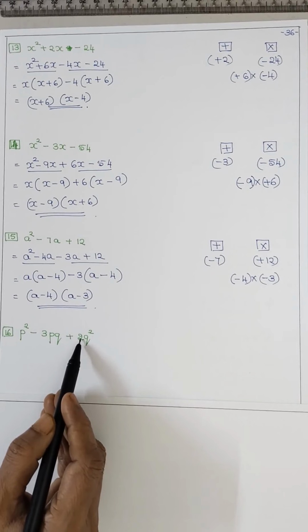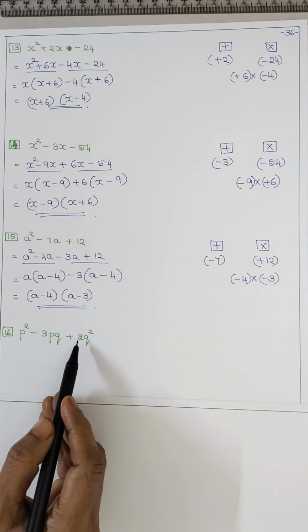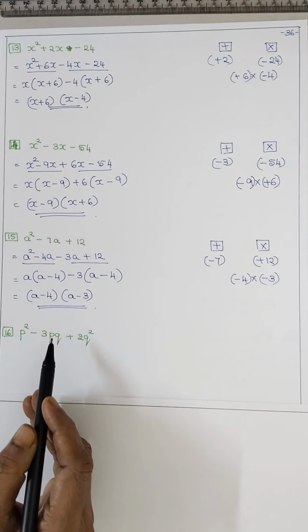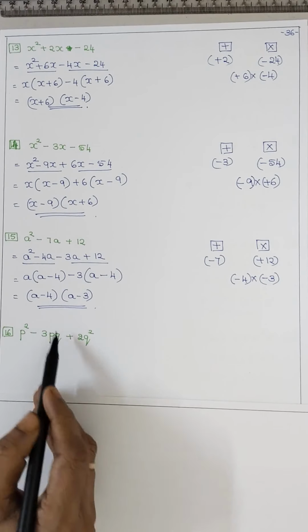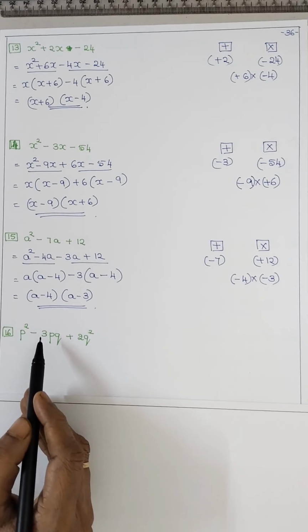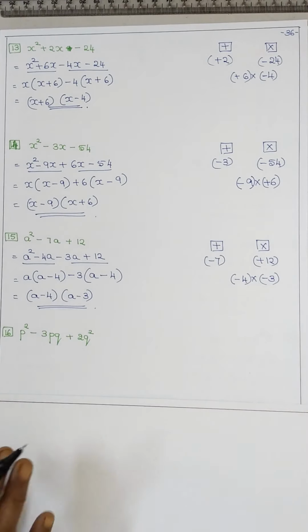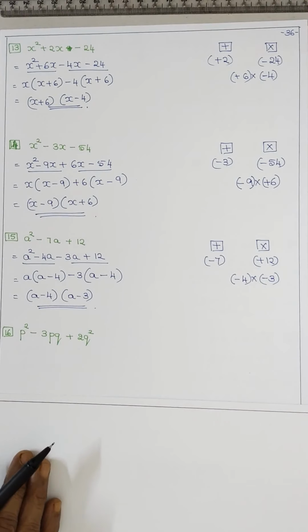Why? Because 2 is not a square. If it were 4q squared, you could have thought of it, then you have to see whether this number fits into 2ab. Okay. But here already it is not a square. That is why you have to go according to the fifth identity.